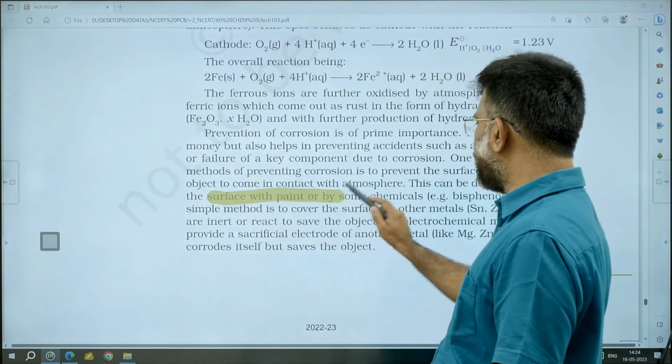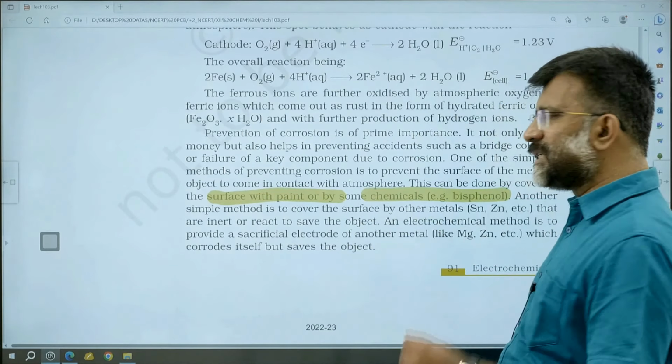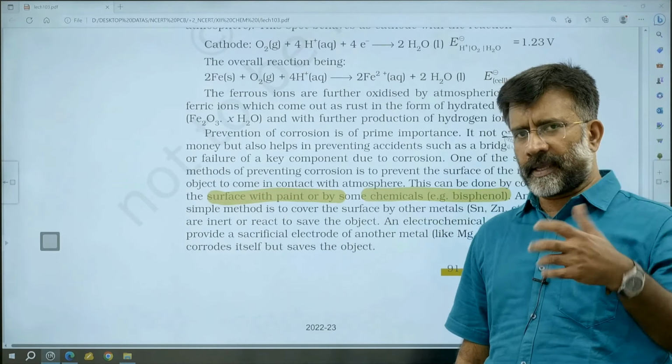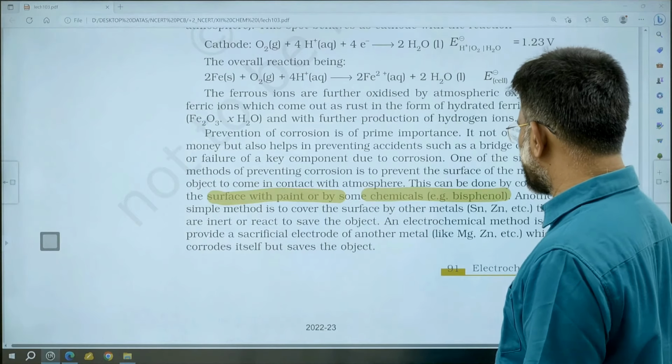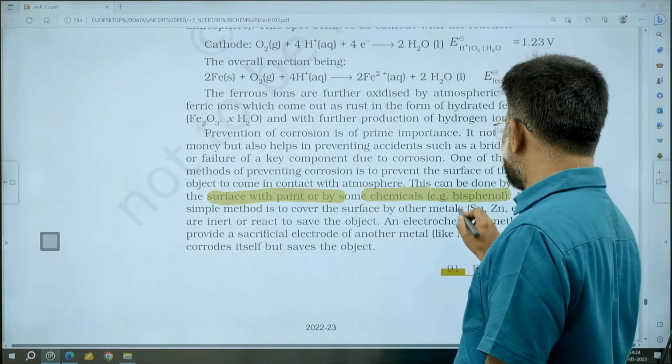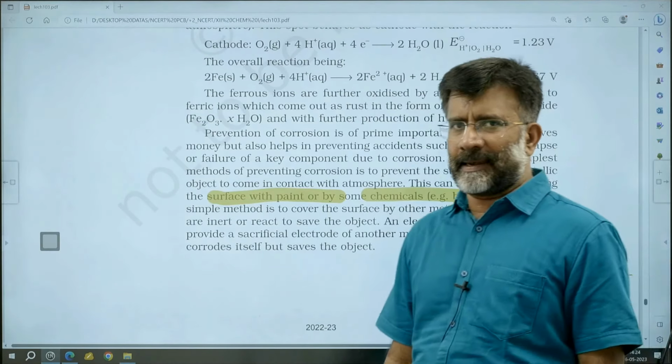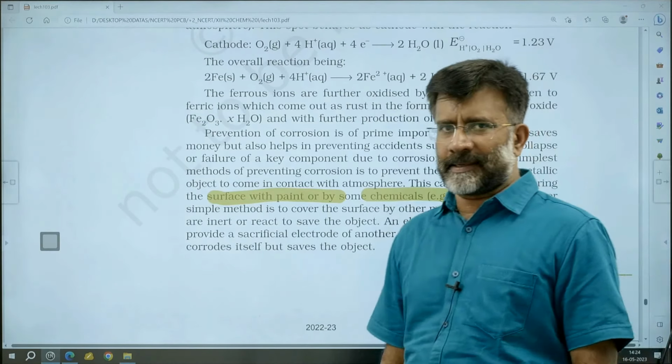The surface is painted, or some chemicals like bisphenol, or some anti-rust solutions are used, or coating with some active metals, zinc, tin, etc. Coating with zinc, all of you know, is galvanization, galvanized iron, GI. Galvanization means coating with zinc.